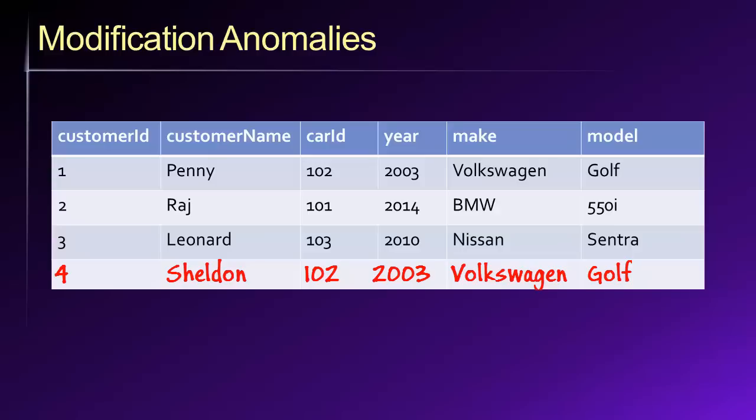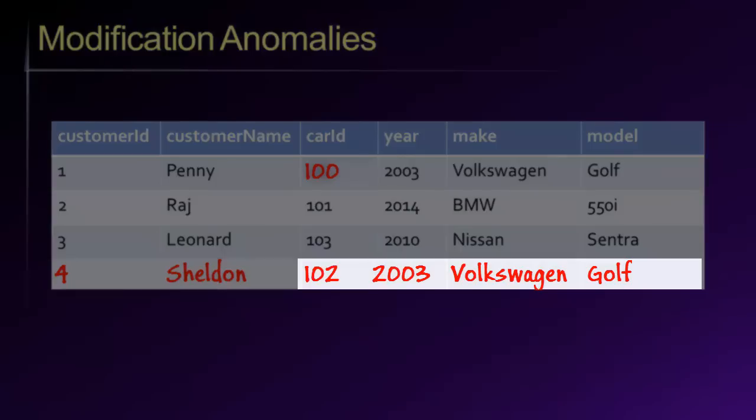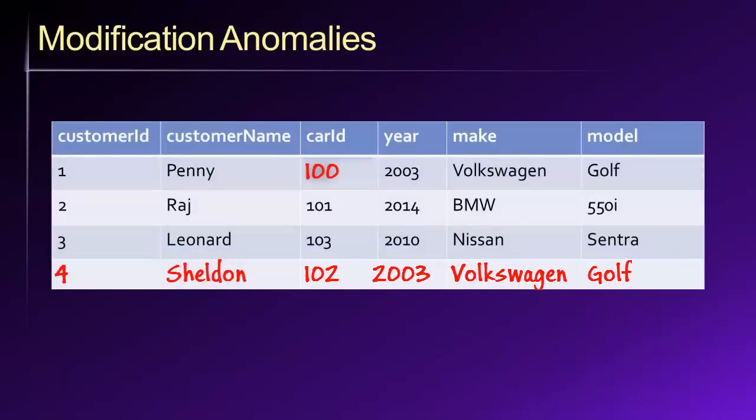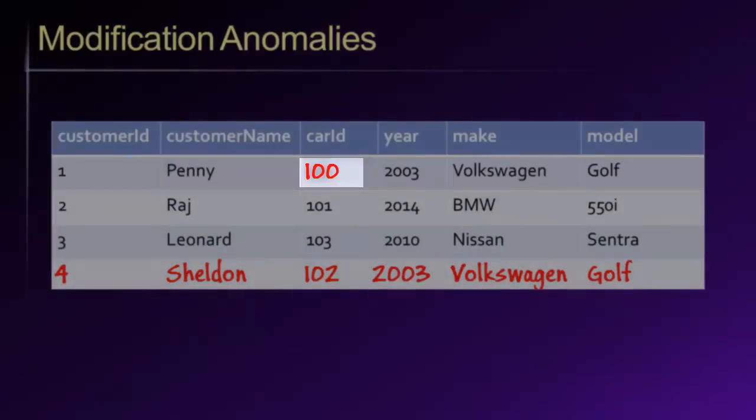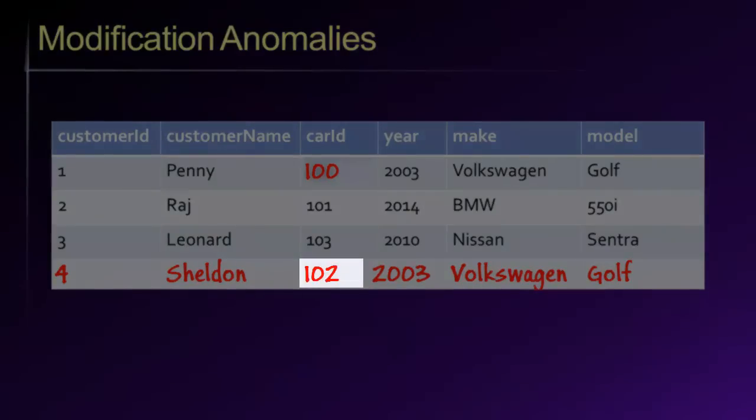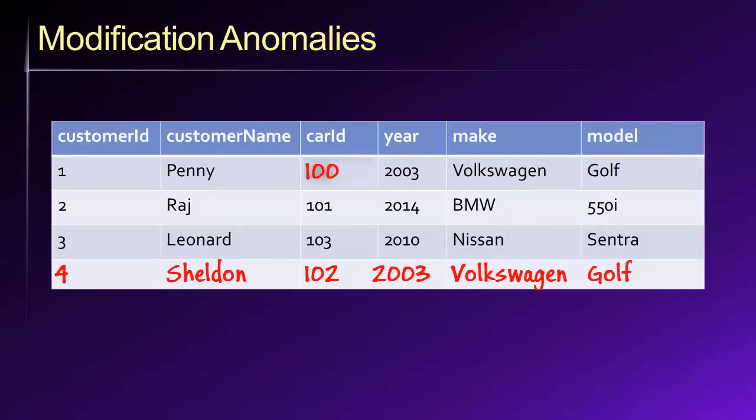If I make that change for my customer Penny, I have now introduced an update anomaly into the list because my customer Sheldon has the same type of vehicle, and therefore, in order to maintain the accuracy of the data in the list, I would need to update the car ID not only for Penny, but also for Sheldon. And this is an example of an update anomaly, because we've introduced a problem into our table of data as the result of an update operation.